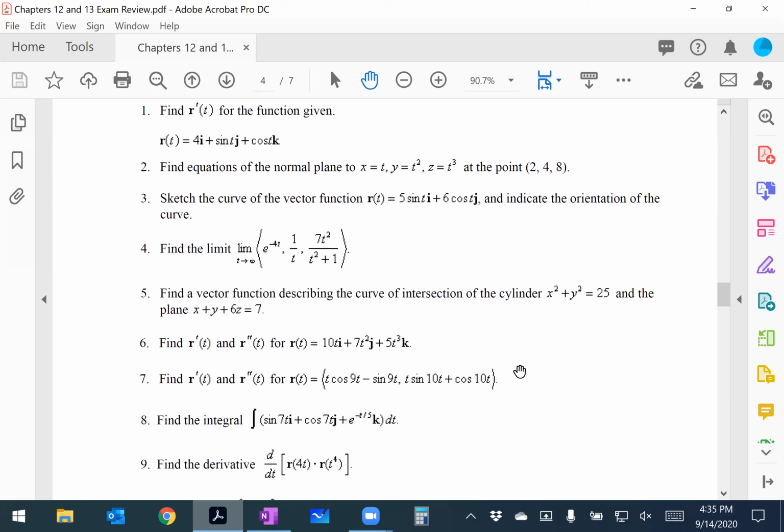yeah, it's going to be orthogonal to this guy, right? So what's the tangent of this thing? Maybe a picture is going to be worth 1,000 words here. How are we going to do this?